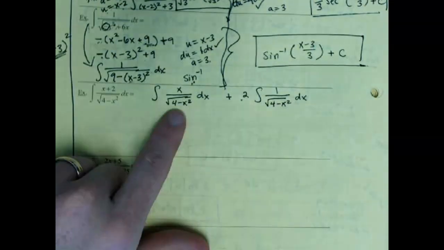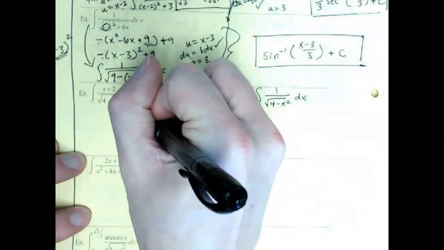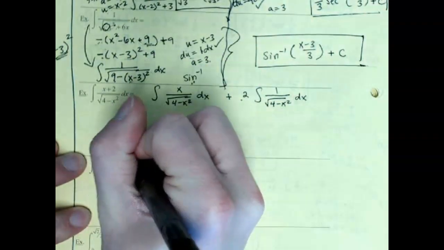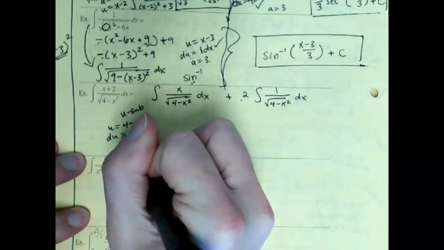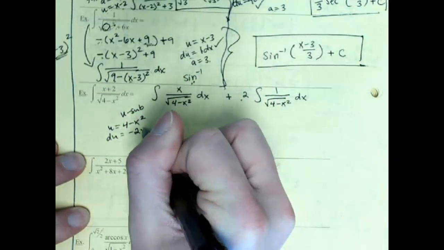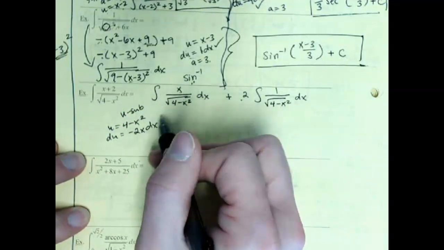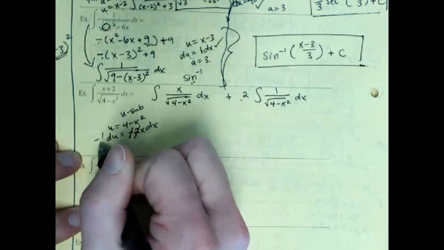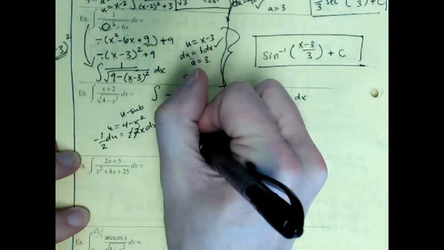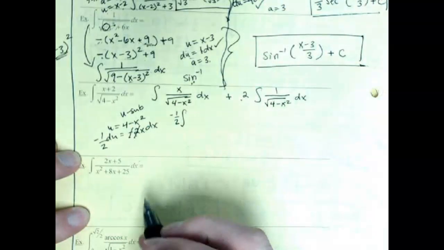Now, this piece is going to work with u-sub, where my u would be 4 minus x squared. The du would be negative 2x dx. You have the x, you have the dx, you're missing the negative and the 2. That's okay. We know the u-sub is just off by a negative 1/2. So that one's a negative 1/2.